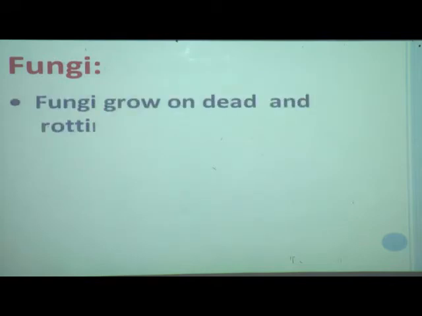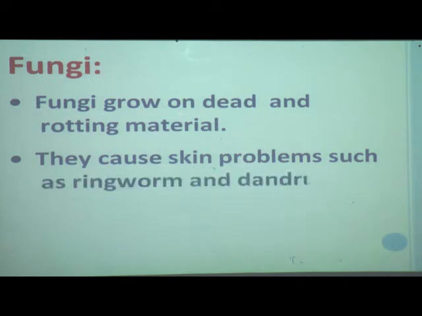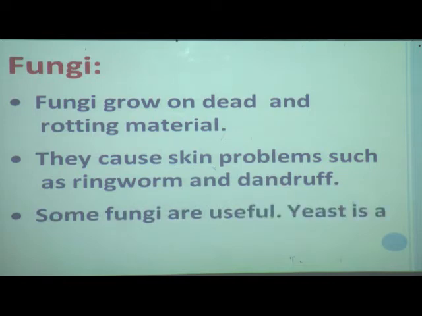Now we will move to the next type of microbe, that is fungi. Fungi grow on dead and rotting material, and fungi cause skin problems such as ringworm and dandruff. Some fungi are useful.